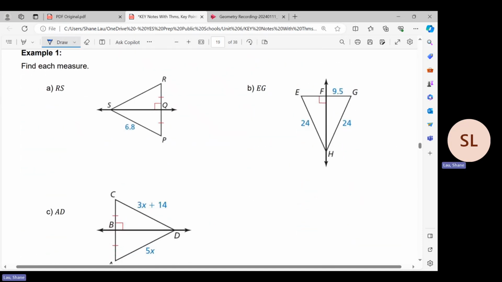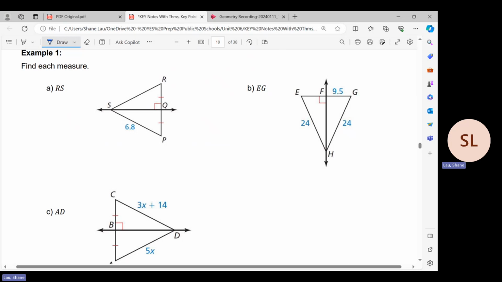Now, looking at these two examples here, if you are actually part of the class, you got a super good explanation as to finding and rationalizing all the information. And so in doing so, I think it's really good for us to understand how we really find these answers. So if we're looking at the first example here, example 1A, we're looking for the measurement of RS.